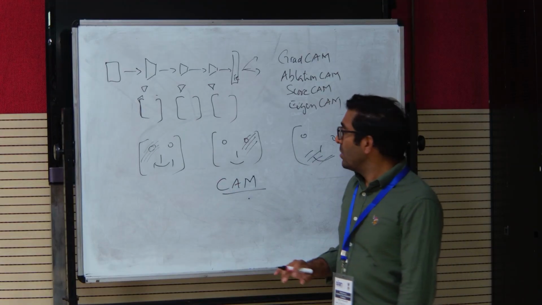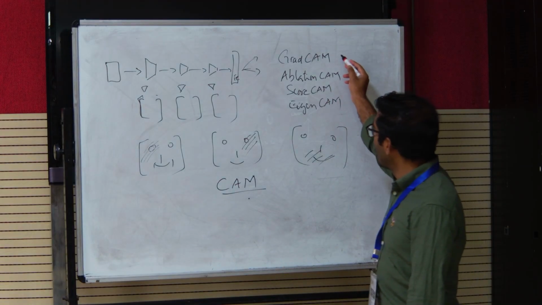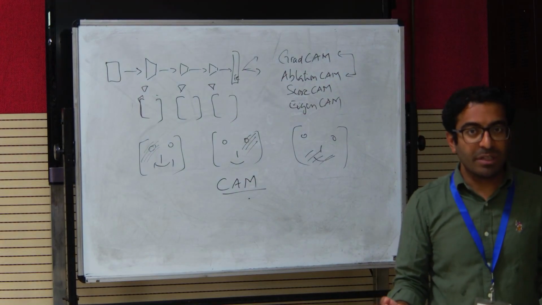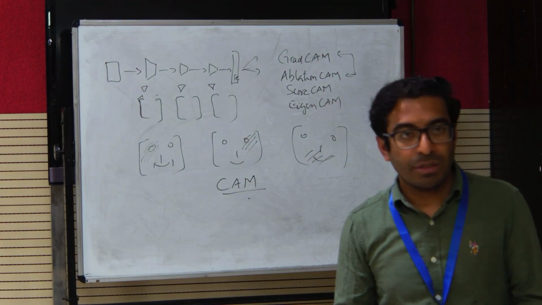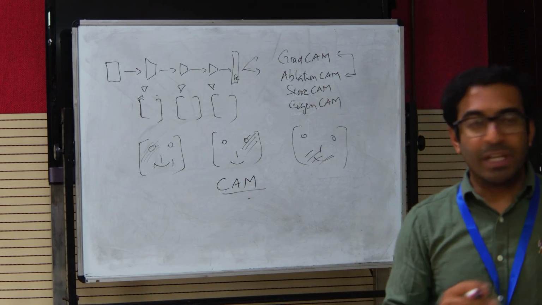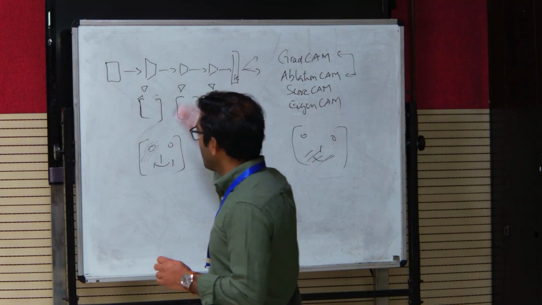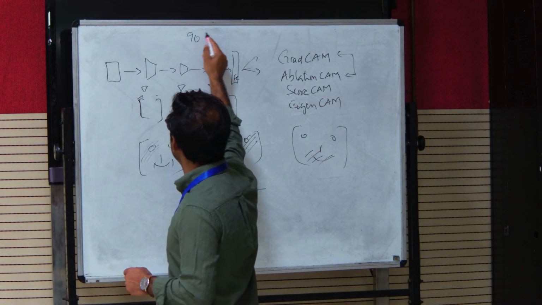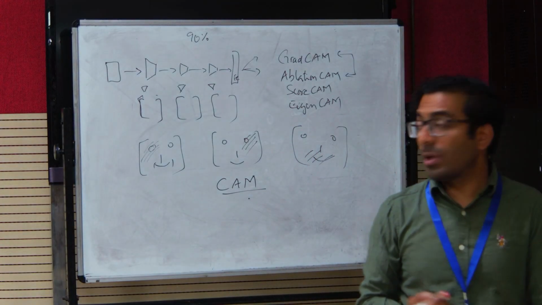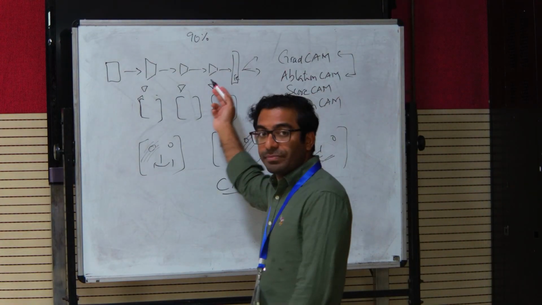Now, what is the difference between regular GradCAM and AblationCAM? The only difference is that we do ablation, right? What do we do in ablation studies? We study the parameter invariance. If my network has 3 layers, let's assume my performance is 90%, and somebody might be curious and come back and ask, what happens if I take only 2 layers?